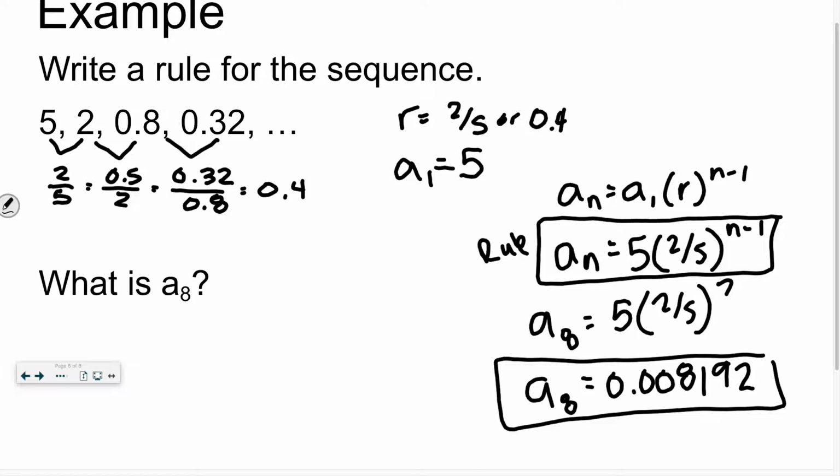Now think about this with geometric sequences, just so you're not alarmed on quizzes and tests. When you multiply by the same thing every time, your number will get really, really big or really, really small. It just depends on the ratio, right?